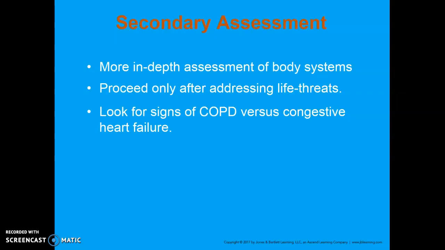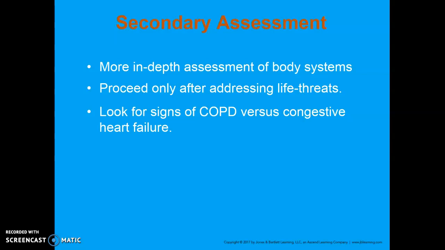Then we move on to our secondary assessment. We're going to do a more in-depth assessment of the body systems that can be associated. This is only after you have addressed all of those life threats.